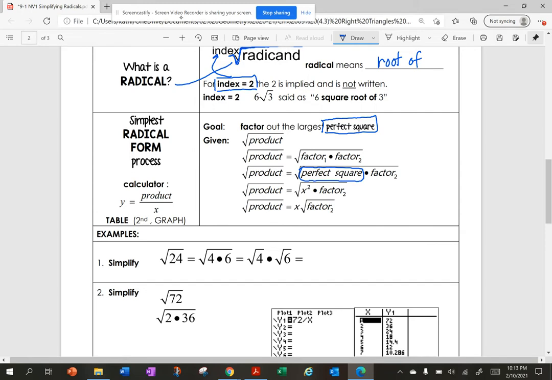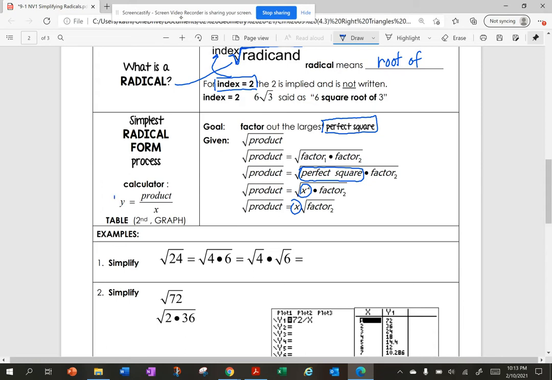A perfect square is anything times itself. When I go from under the radical to outside the radical, I'm squared under and not squared outside, but this is just for where the index is 2.